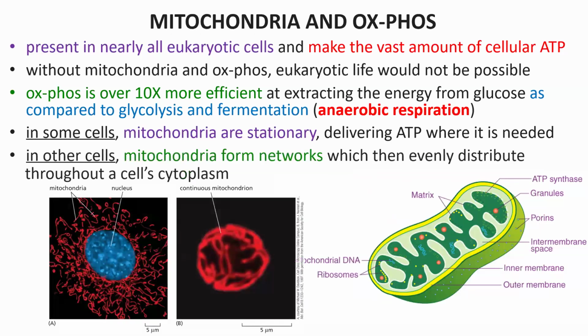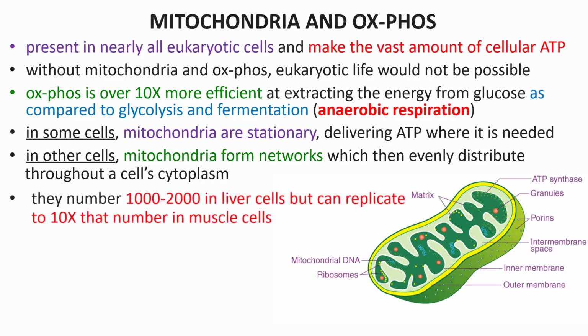But in most cells, mitochondria are fairly fluid and dynamic. They evenly distribute across the cytoplasm. Sometimes they connect into a large continuous mitochondrial network. Sometimes they expand as a single mitochondrion and take on a very large size. Sometimes they remain our typical kidney bean shape and we just have many, many of them in a cell. But in all cases, they are what's doing aerobic respiration. They're making the ATP.